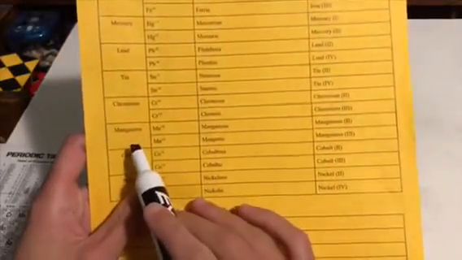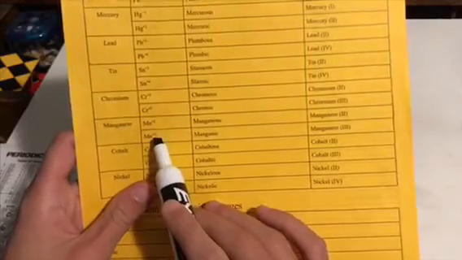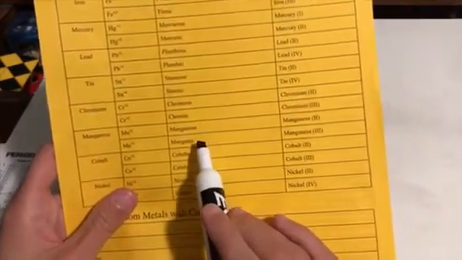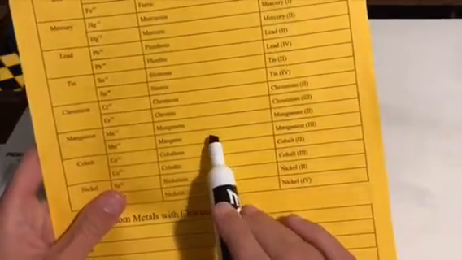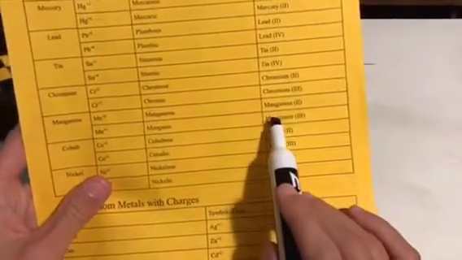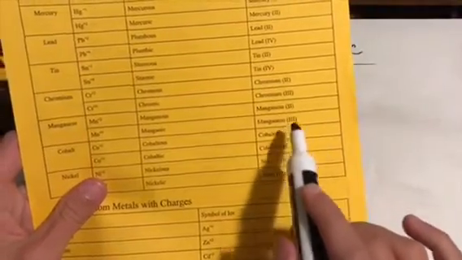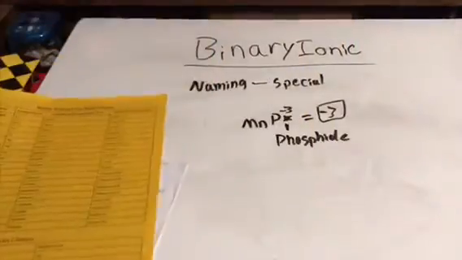So you go onto the sheet, look for manganese, here it is. Oh, look, that one has a 3 charge. There it is according to the old system. You don't need to worry about that right now, unless you want to. And you go over here. It's just manganese with the charge and a Roman numeral in parentheses.